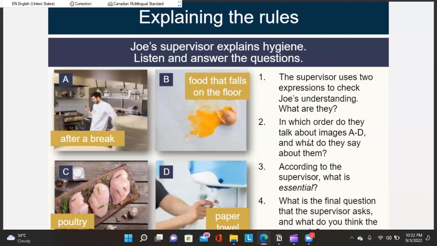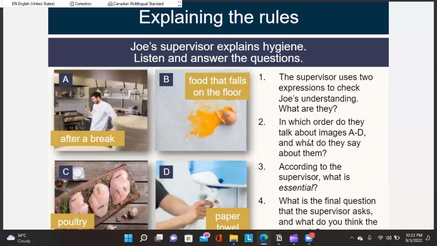If you want to just say a main idea for the title of his instruction, what would you pick, Vin? Hygiene. Yes. Great job, Gina. So hygiene, that's what he is focusing on, everything that is related to hygiene and how to keep everything as clean and sanitized as possible.